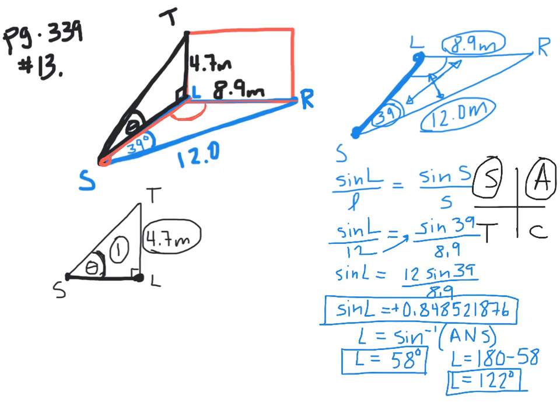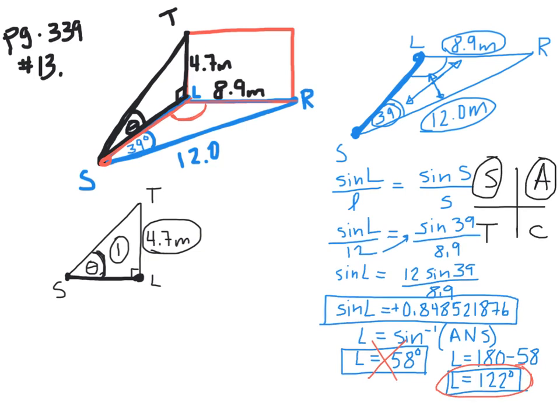If she's in the left side of that schoolyard, that angle has to be bigger than 90. It's not drawn to scale, of course, but it has to be bigger than 90 in order for this to make sense. So the answer cannot be 58. The correct answer has to be 122.